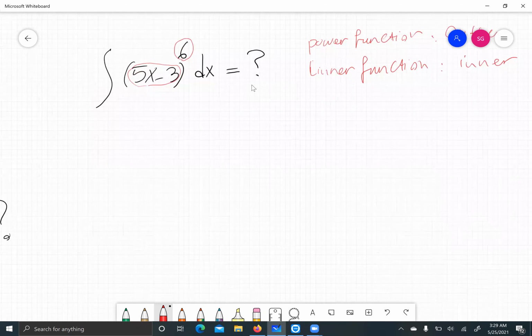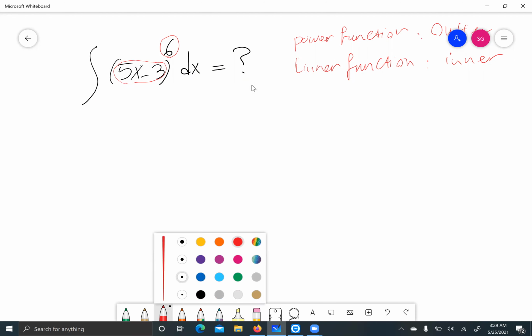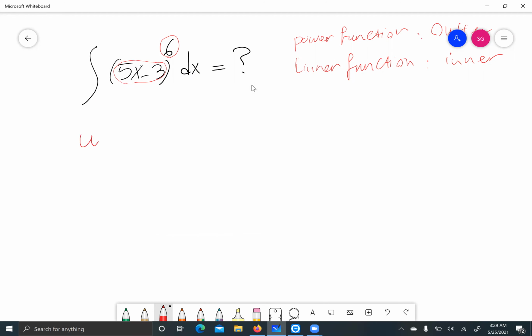Now, what is the technique? The technique is called U substitution: take the inner function. Whenever you get a question like this, try to identify which one is the inner function and which one is the outer function. Then take that inner function and label it. It doesn't matter what letter you use, but we usually use U because this is called U substitution.